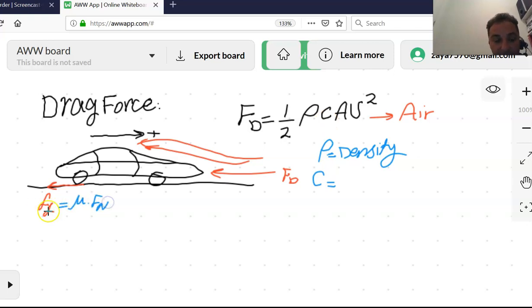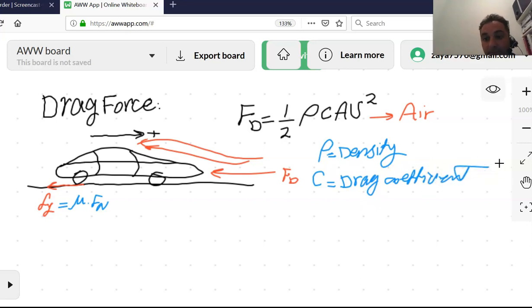If you remember, friction force was mu Fn. So mu is called the friction coefficient between the object and the contact surface. What is C? It's called the drag coefficient. So it is the same. We can find it actually in the labs. As we found the value for mu, we can also find the value for the drag coefficient.